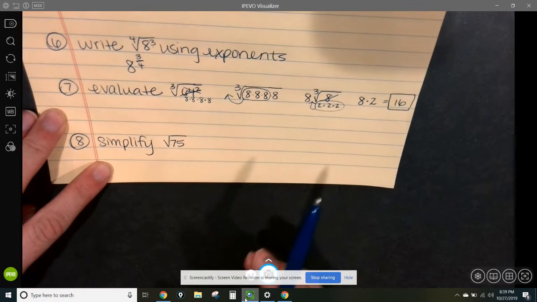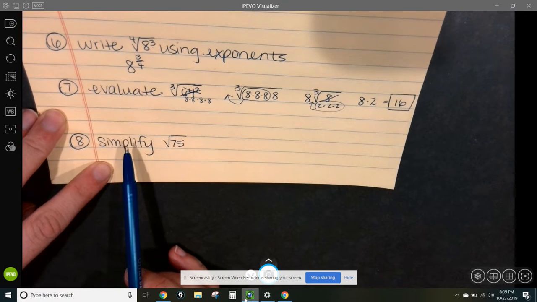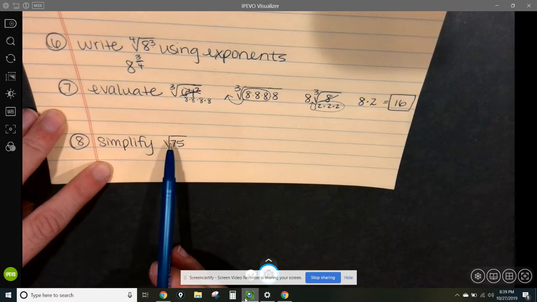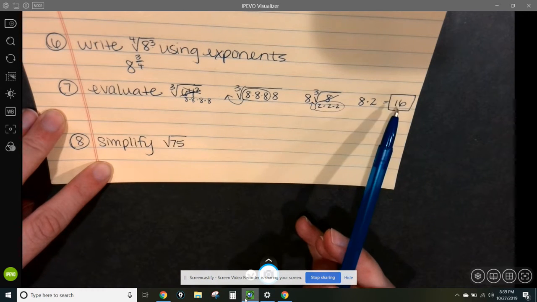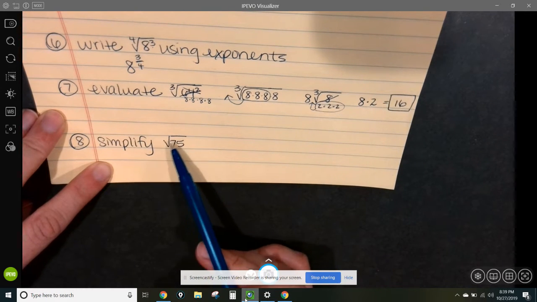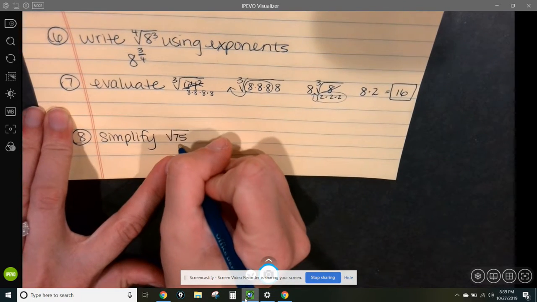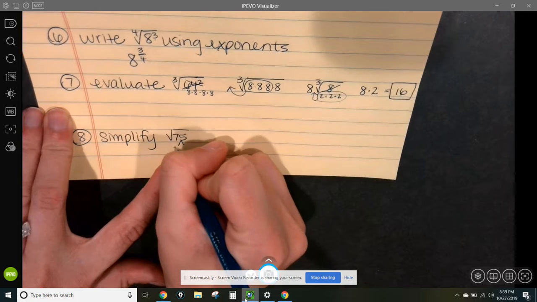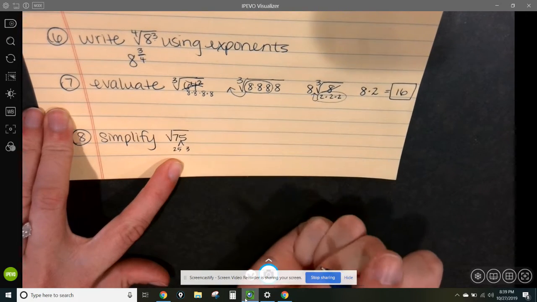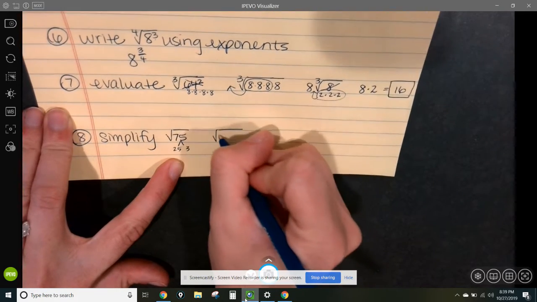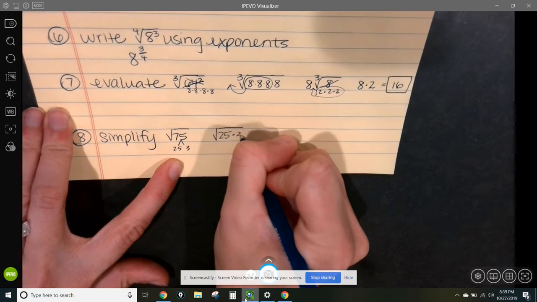And last, it says simplify. So that should be a clue to you that there's probably not going to be just one answer like this one, 16. There might be something left under the square root. So I'm going to try to figure out 75. I know 75 is 25 times 3. That's helpful because under the square root, I can rewrite this as 25 times 3.